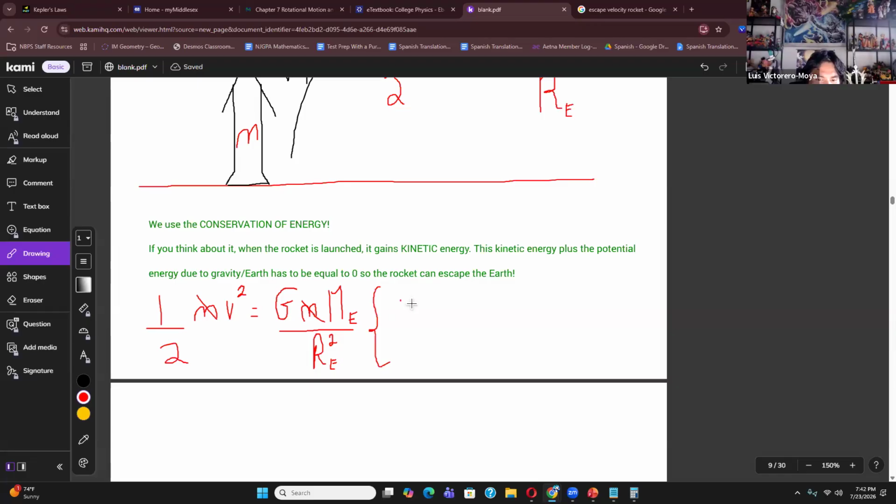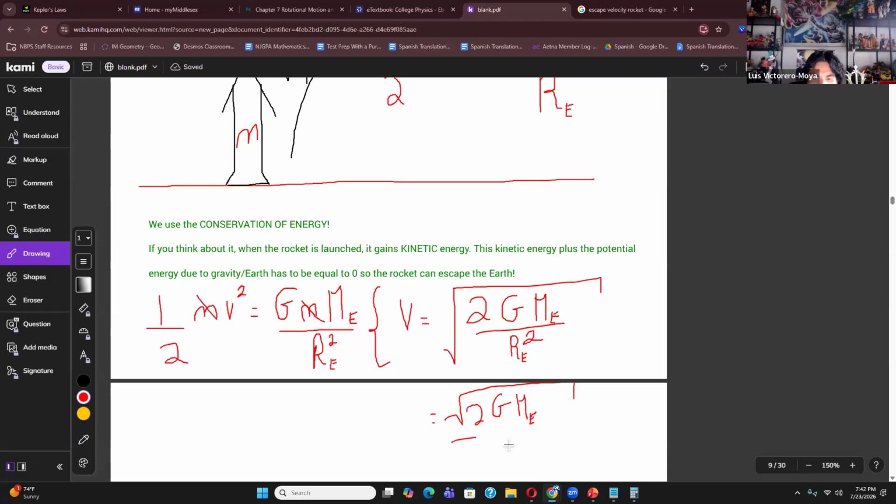So the escape velocity, v, is the square root of 2G mass of the Earth all divided by the radius of the Earth.